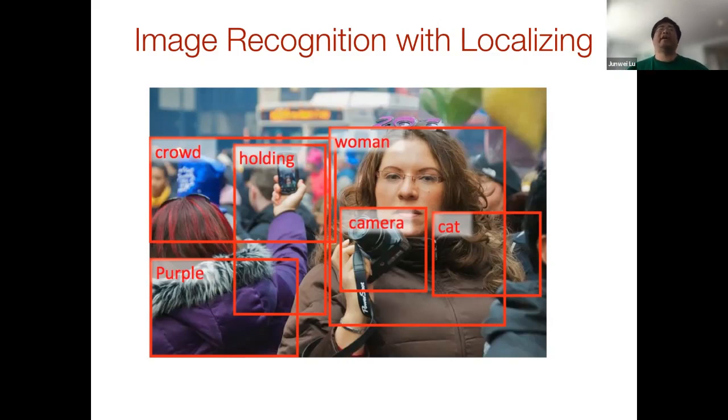It's not only about object detection. We have found a woman and a camera, but what's the relationship between the woman and the camera? This is a more complicated task. We want to understand the relationships in the image. This is how we tell the story from the images, which is called captioning. This is what we are going to talk about next.